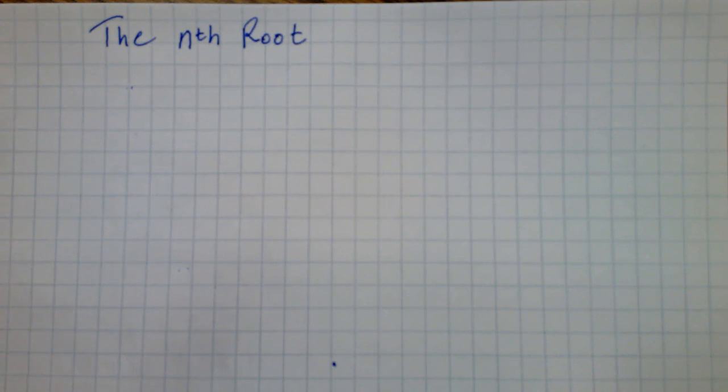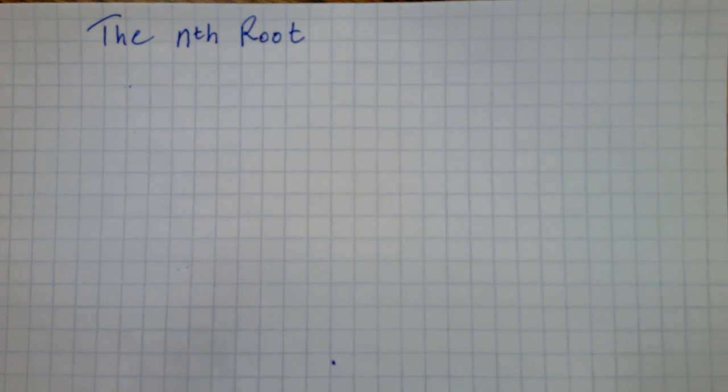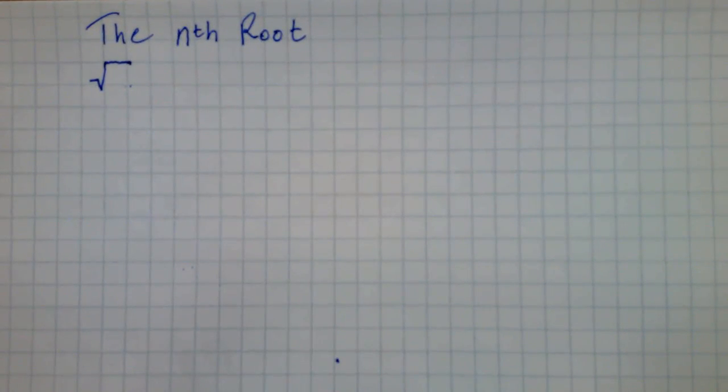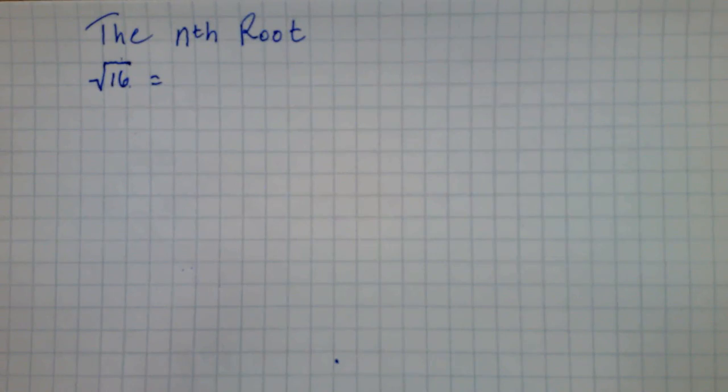Okay, so we're going to learn a few new things about roots, and specifically, the first one's the most mind-blowing. So we already know that we have square roots, right? So let's say the square root of 16. And another way to write this is with a little index number of 2.